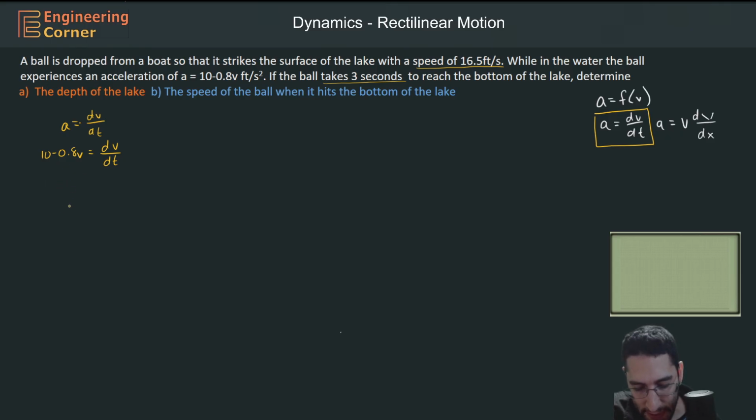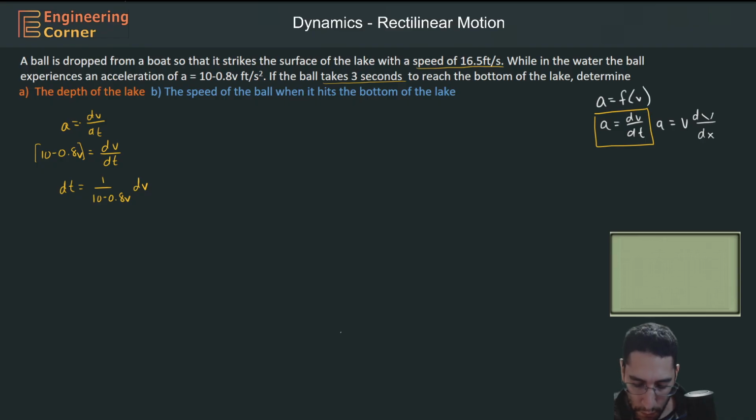So when I separate and integrate, right, this is an expression with velocity, so that needs to come to the right side. dt needs to go to the left side. So I'll have dt is equal to 1 over 10 minus 0.8v dv. Now, this is what I was saying. The function makes it harder, but the idea stays the same.